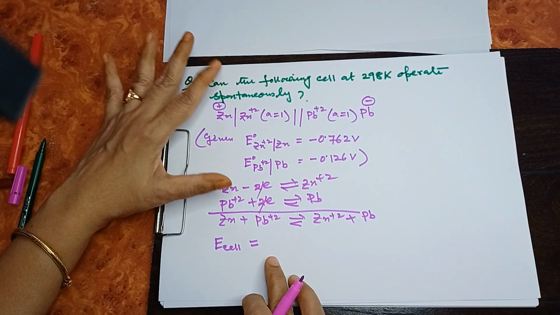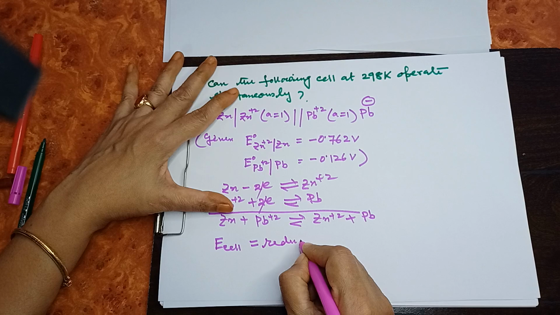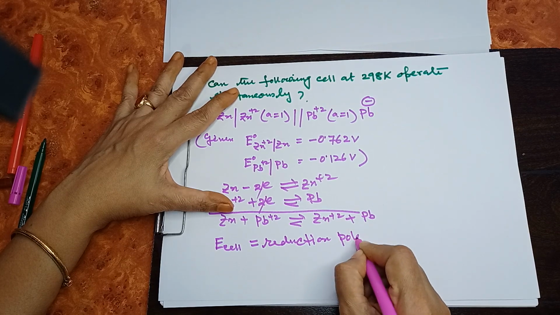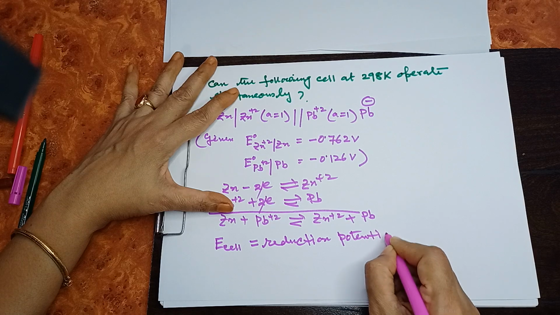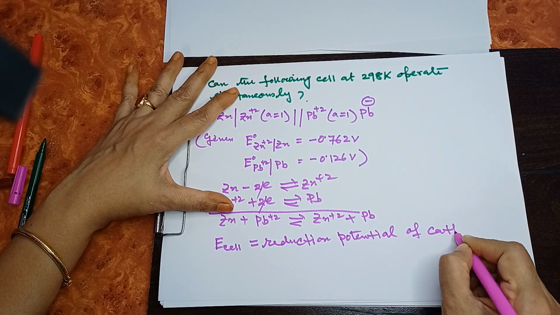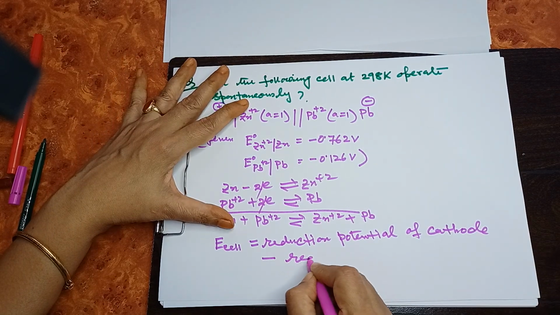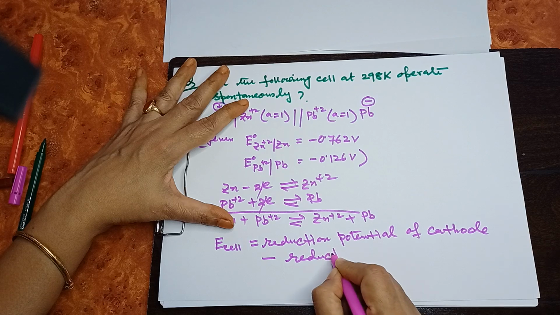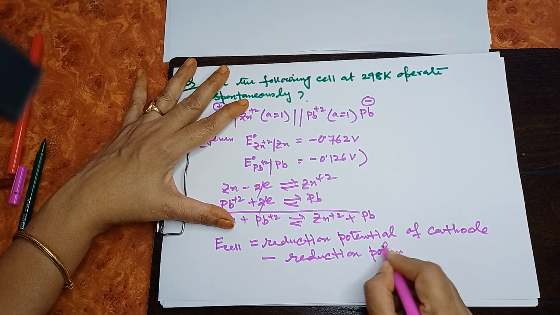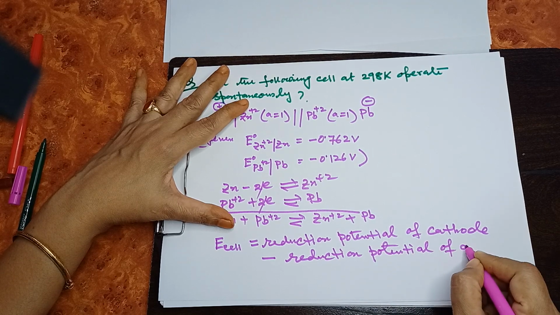E cell or EMF is equal to the reduction potential of cathode minus the reduction potential of anode.